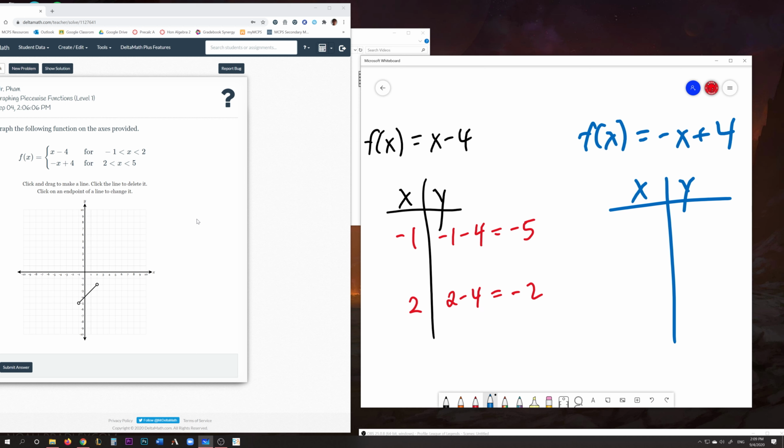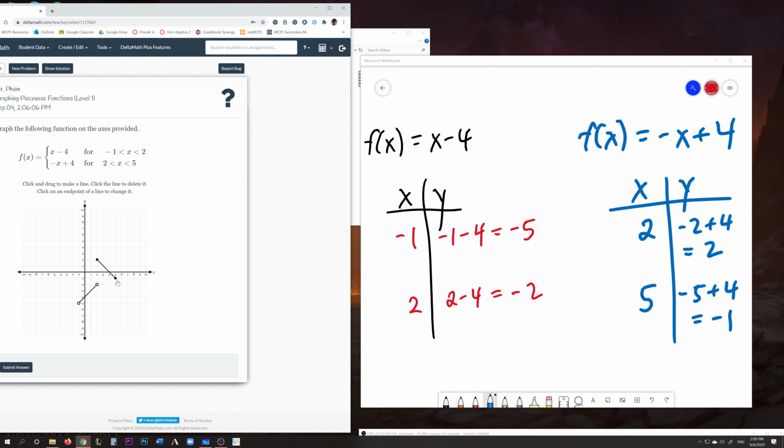So you want to plug in x is equal to 2 and x is equal to 5. When you plug in 2, you get -2 plus 4, which is 2. And when you plug in 5, you get -5 plus 4, which is -1. So you have a point at 2, 2. So 2, 2 is here. I'm going to click and drag to 5, -1.